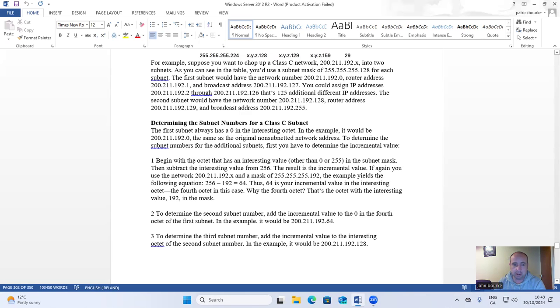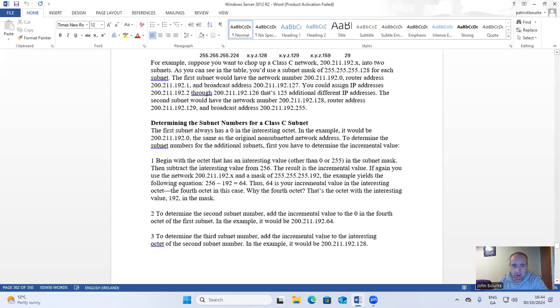To determine the subnet numbers for the additional subnets, first you have to determine the incremental value. Begin with the octet that has an interesting value other than 0 or 255 in the subnet mask. Then subtract the interesting value from 256. The result is the incremental value.